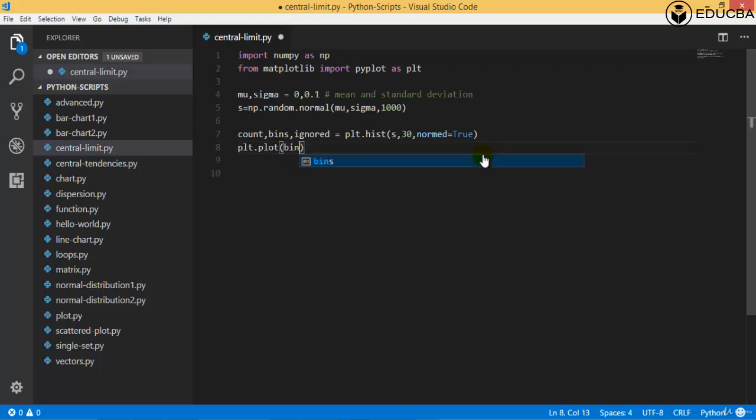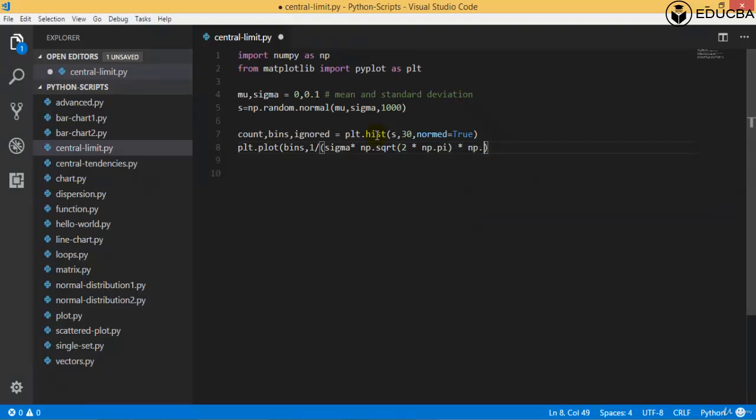The formula starts with the bins value which has been initialized, which is nothing but the plotting of a histogram, 1 divided by, starting with the bracket initialization, sigma times np.sqrt of 2 times np.pi, where np is nothing but my NumPy for numeric expression calculation.